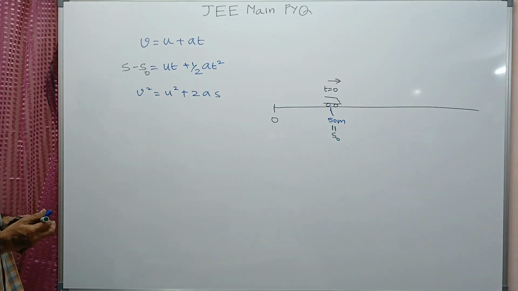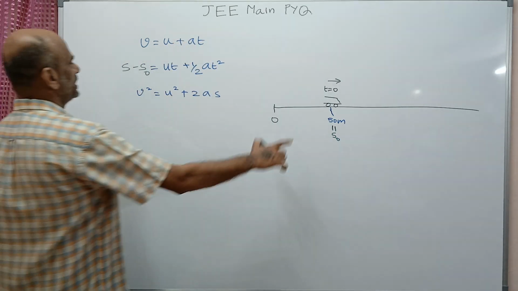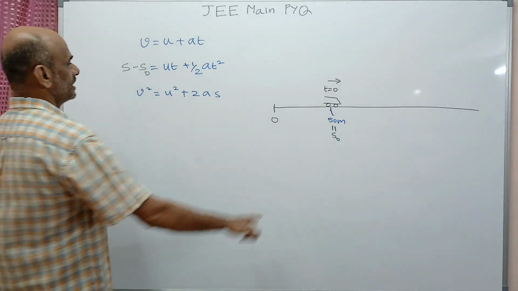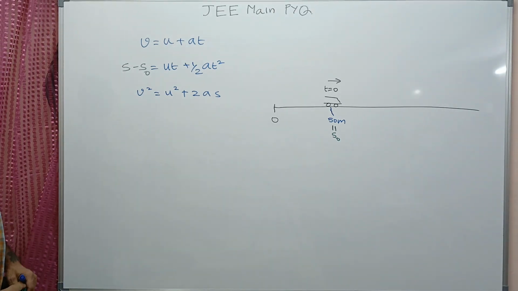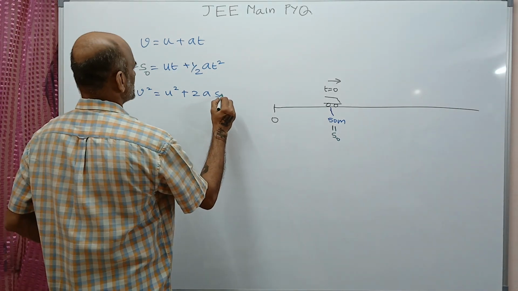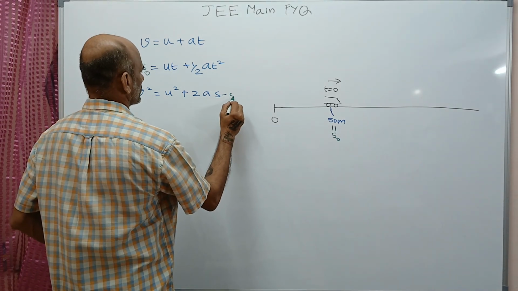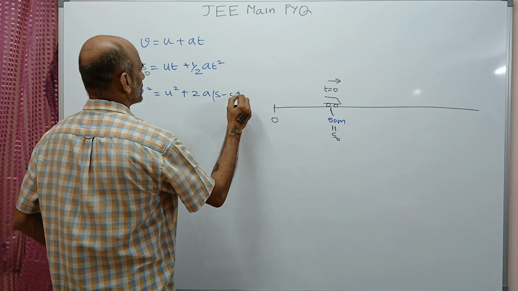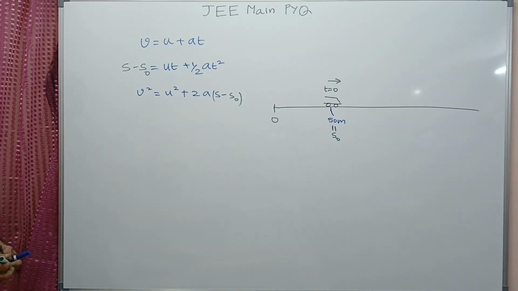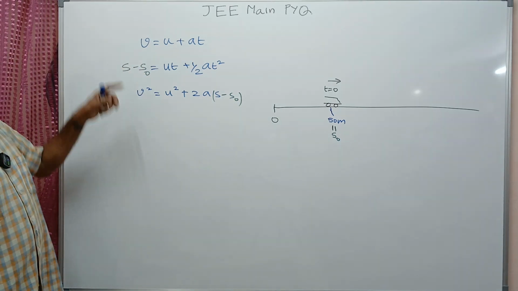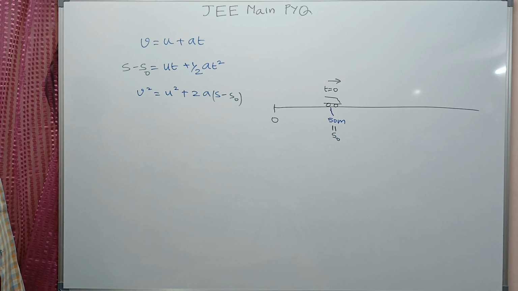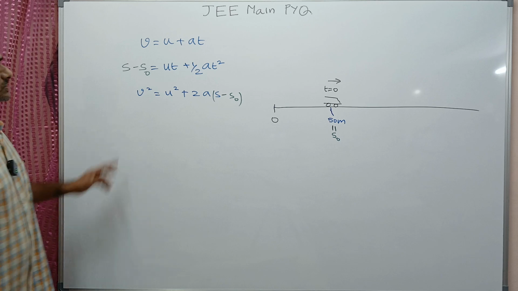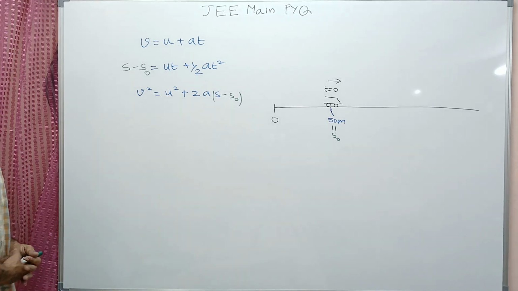Similarly, in the third equation of motion, if you put t equal to 0 and the displacement s as 50, then v will be different from u. So here also I should make a modification as s minus s naught. This is a better way of writing the equations of motion, where s naught is the initial displacement at time t equal to 0. When s naught is 0, you get the original equations of motion.